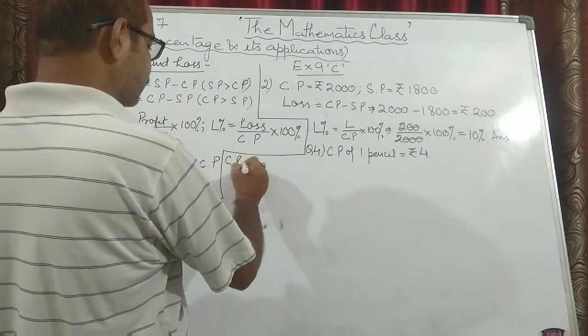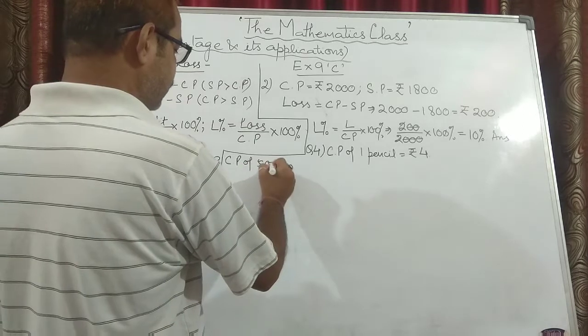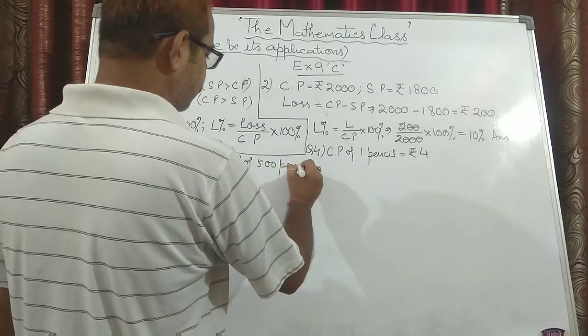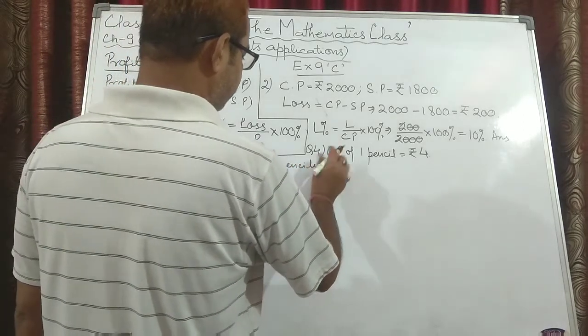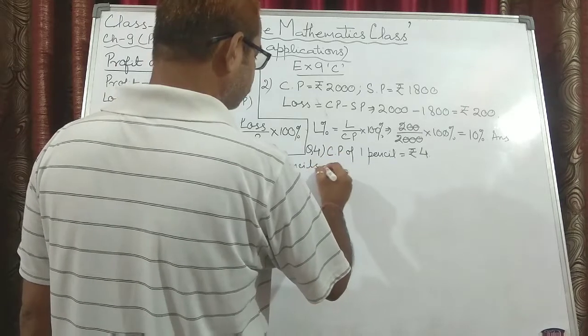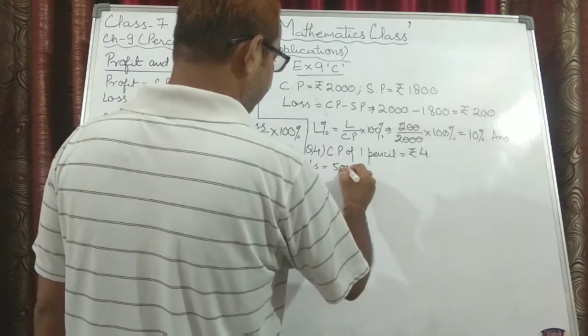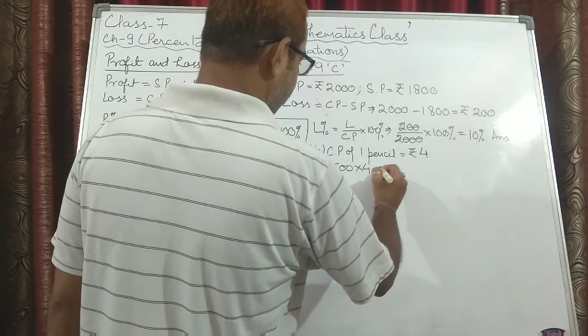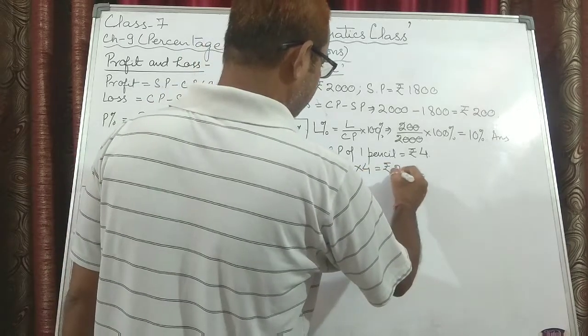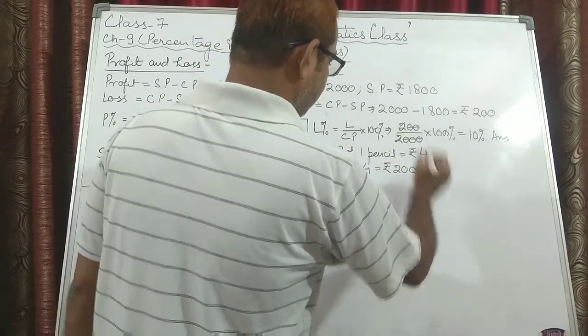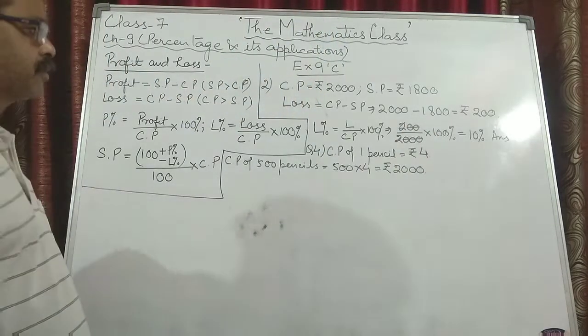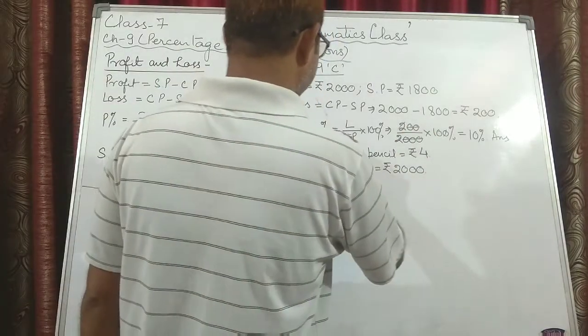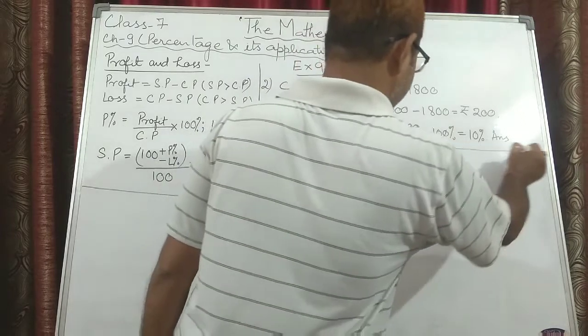So cost price of 500 pencils will be 500 into 4, that is rupees 2000. This is the cost price of 500 pencils.